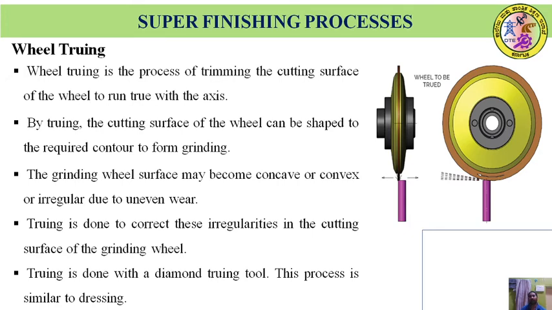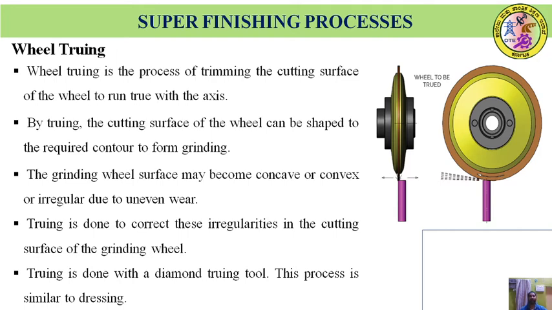So in order to remove this oval shape and make it a perfect cylindrical shape, it may be convex or concave shape by continuous grinding. So in order to remove this convex and concave shape and make it a perfect cylindrical shape, wheel turning is done. So the wheel turning will remove the convex, concave or oval shape.